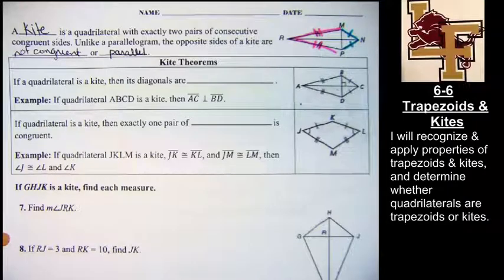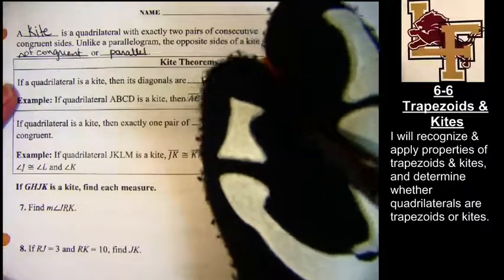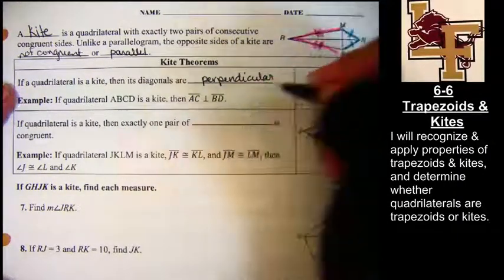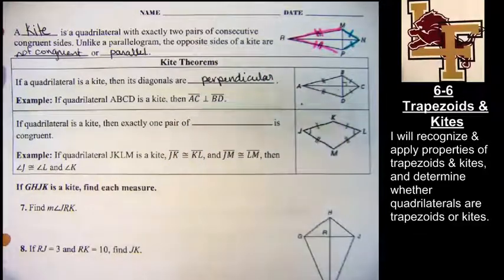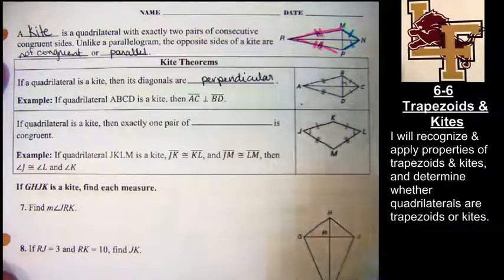Kites have 2 theorems connected to them. The first theorem says that if we have a kite, its diagonals are perpendicular. What did perpendicular mean? The perfect plus, meaning those angles are what measure? 90.